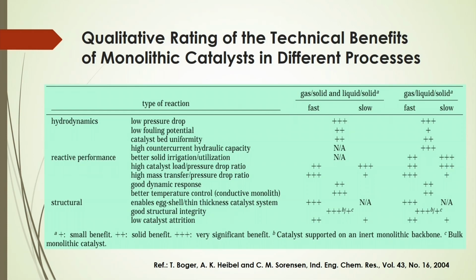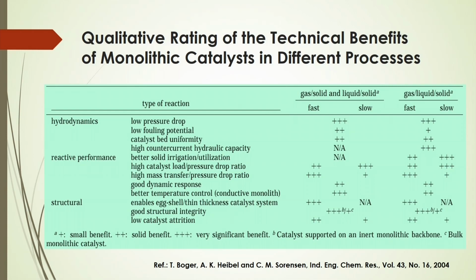And for gas-liquid-solid, there you can apply this low pressure drop, low fouling, catalyst bed uniformity, and also high countercurrent hydraulic capacity based reactions, considering the hydrodynamic aspects, for fast and slow reactions. And also reactive performance: if you consider that, you will see that better solid irrigation or utilization should be considered, higher catalyst load to pressure drop ratio to be maintained, even high mass transfer to pressure drop ratio to be considered, good dynamic response to be taken care of, and also better temperature control to be there for those particular reactions.